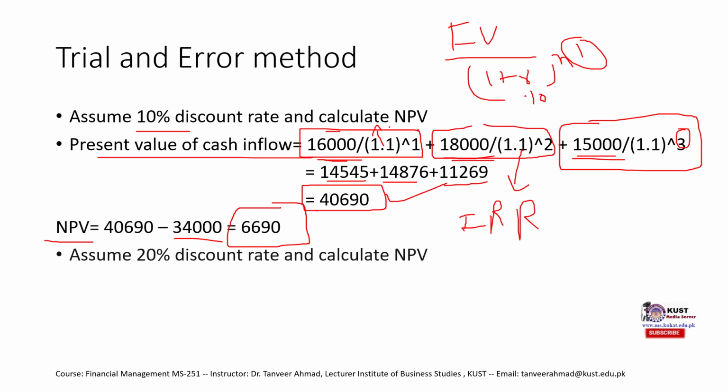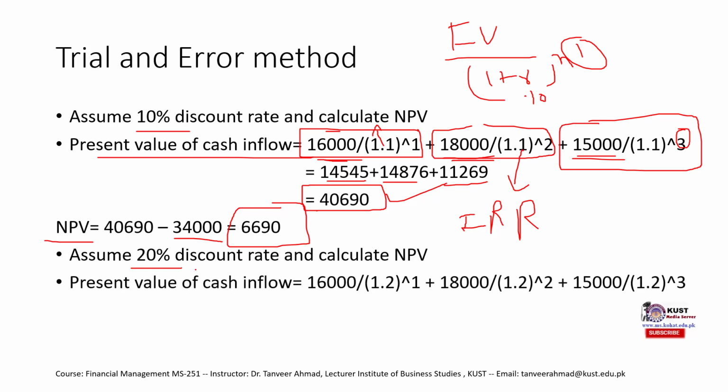I am going to take the value of 20 and then I am going to calculate NPV. Again, all the values are similar from the previous equation. We have just replaced 1.1 with 1.2, because 1 plus 0.1 we had assumed 10% discount rate in previous equation, and in this equation we have assumed 20% discount rate.